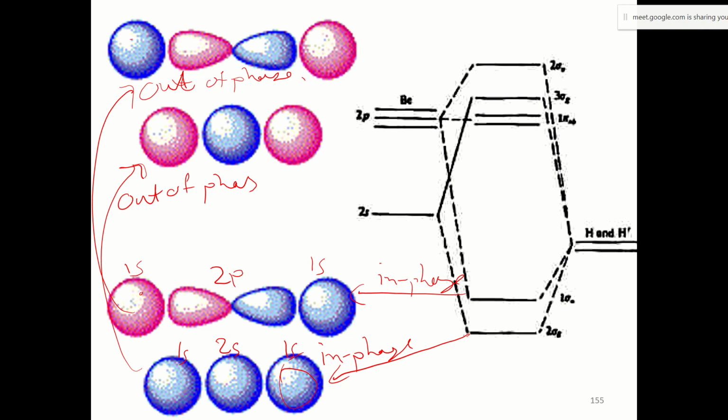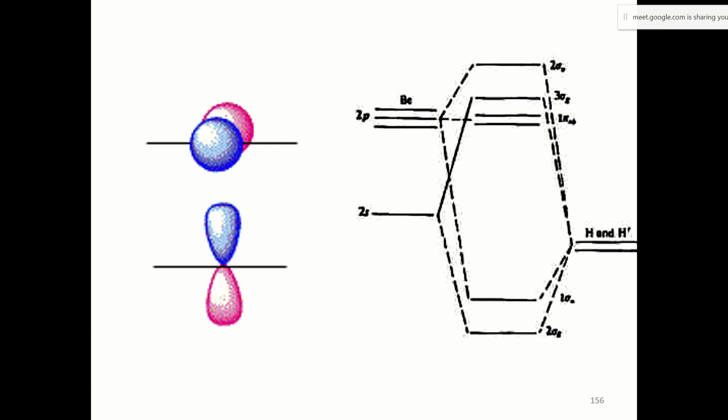ठीक है, सो दिस इज व्हाट वी आर ट्राइंग टू कन्वे in all these pictures. Out of phase combinations of orbitals, in phase combinations, and the two orbitals जो px और py है, they are indifferent, कुछ हो ही नहीं रहा है, उनके कोई काउंटर पार्ट ही नहीं है हाइड्रोजन के.